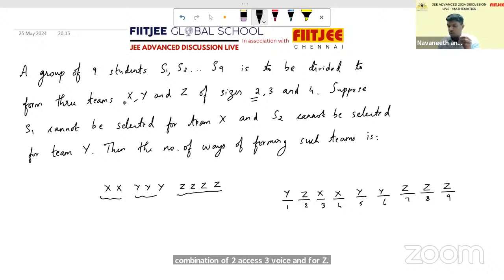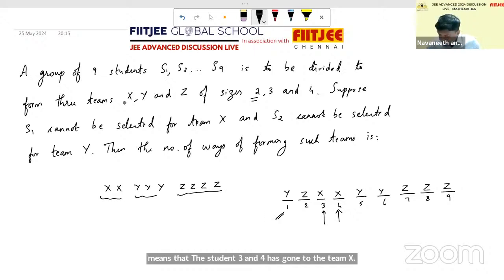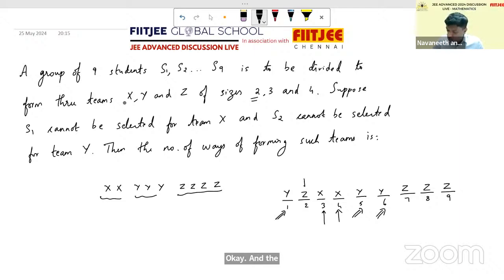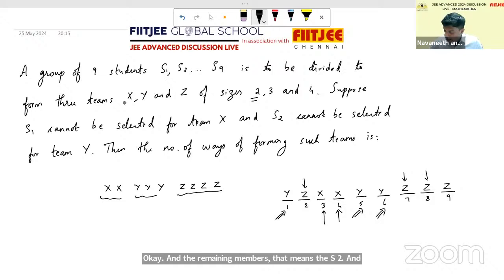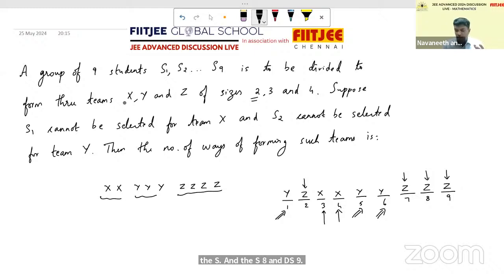What does this permutation mean? It means that students 3 and 4 have gone to team X, students S1, S5, and S6 have gone to team Y, and the remaining students S2, S7, S8, and S9 are part of team Z. So any permutation of these two X's, three Y's, and four Z's corresponds to a way of dividing the 9 students into 3 groups of those particular sizes.